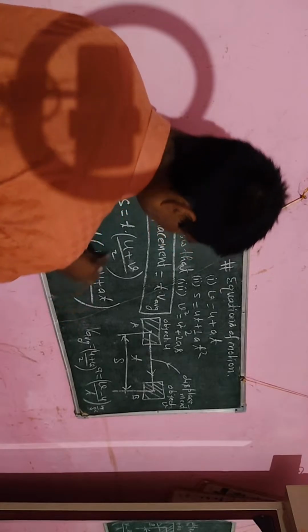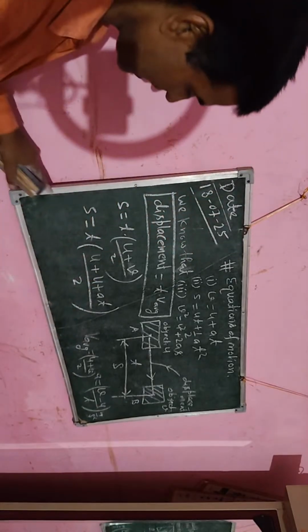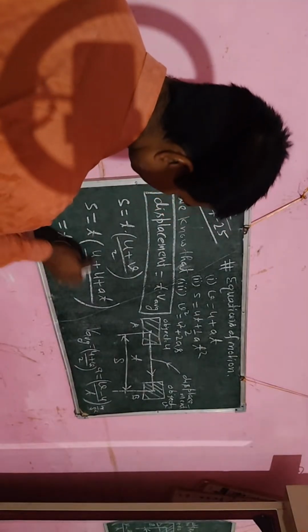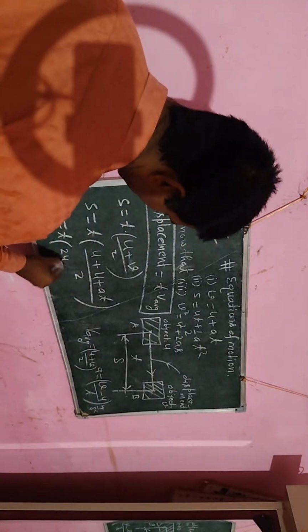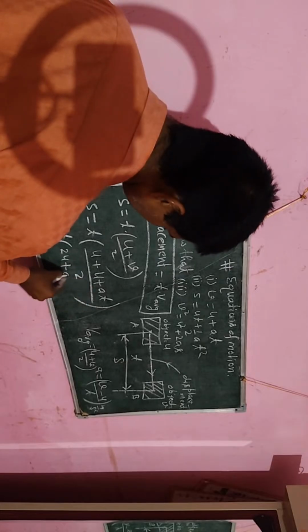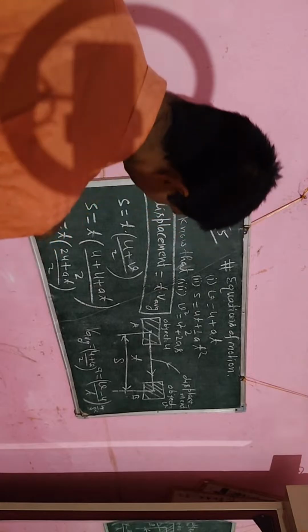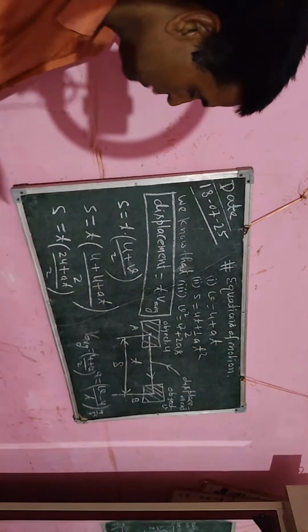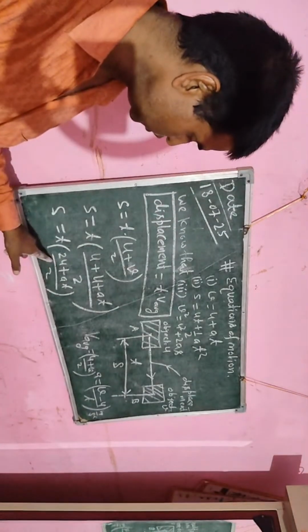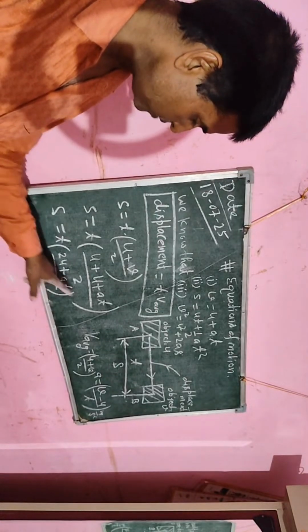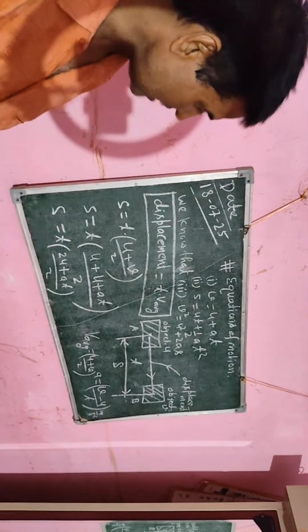Again I will simplify it. After simplifying, I write t times (2u plus at) divided by 2. Now I will divide individually: 2u divided by 2 plus at divided by 2.